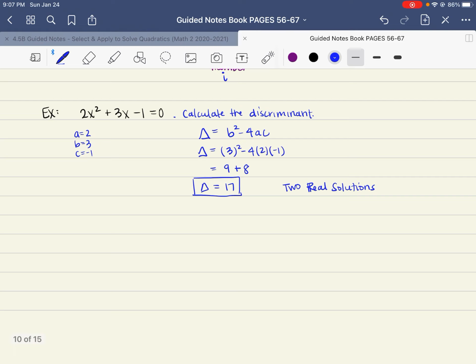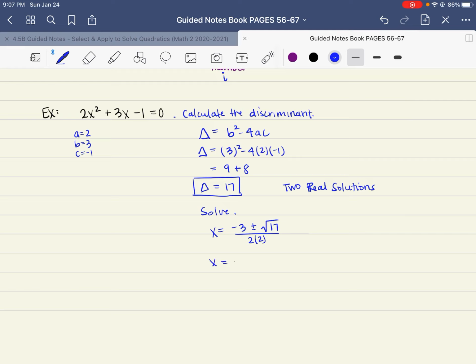So now let's say I'm just solving the equation, I'm going to plug it into the entire quadratic formula. So I'm going to have negative 3, because we do opposite of b, plus or minus the square root of b squared minus 4ac, which I just calculated as 17. So I'm actually going to write the square root of 17. And then we're going to go all over 2a, and the a value is 2.